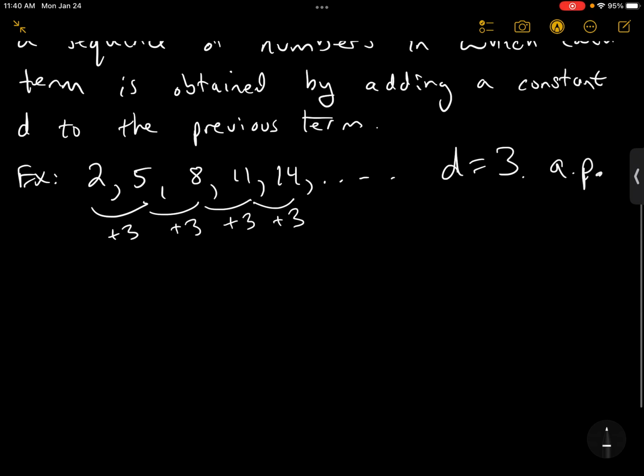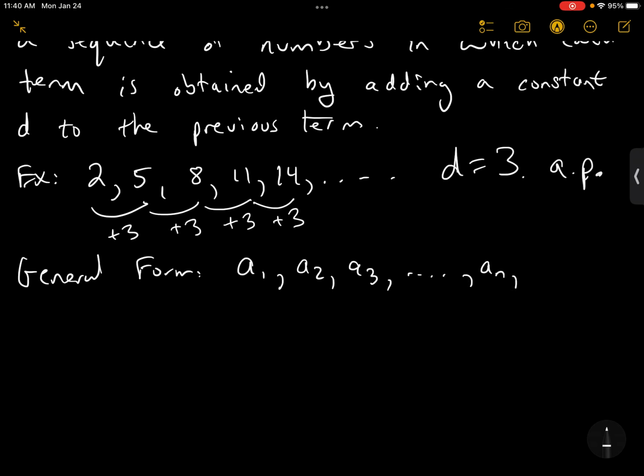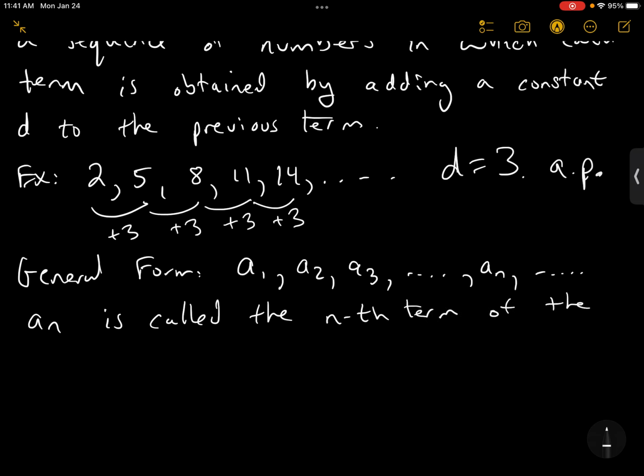In general form, we use subscripts. So A1 would be 2, A2 would be 5, A3 would be 8, and then we have the nth term. So An is called the nth term of the sequence.